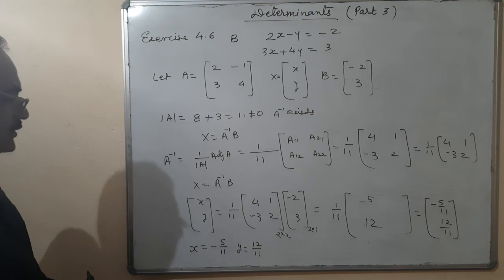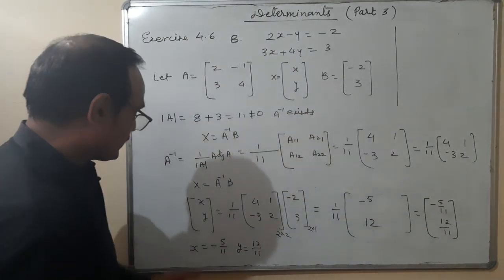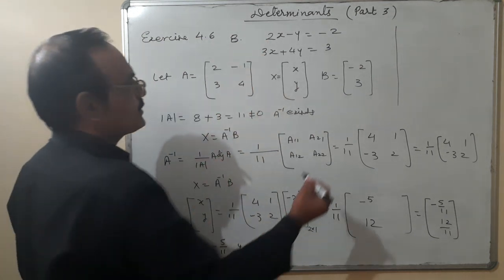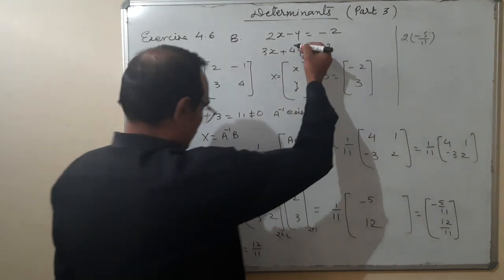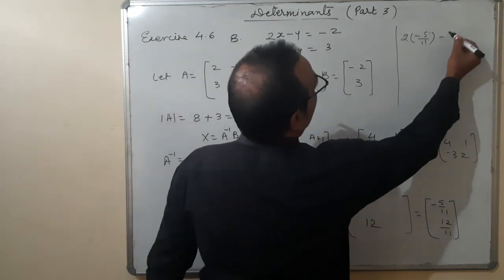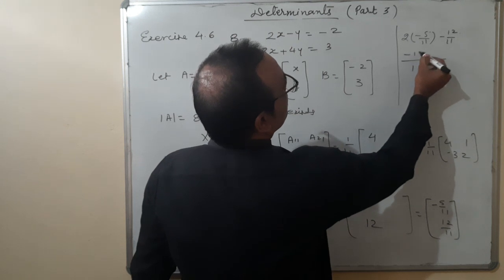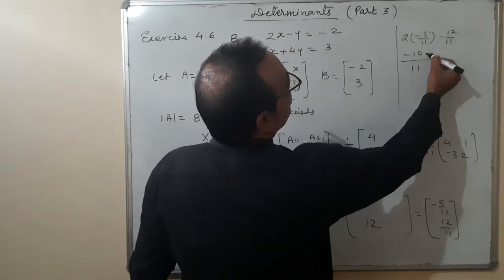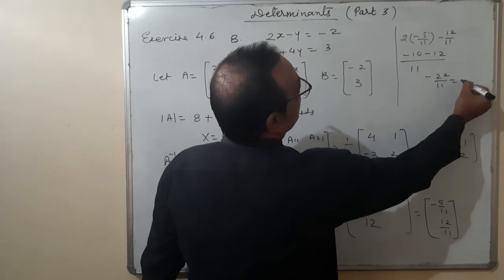So these are the values of x and y. Let us check the solution whether we are correct or incorrect. Minus 5 upon 11 to be substituted here. 2 times minus 5 upon 11 minus 12 upon 11. Okay, so the LCM is 11, minus 10 and minus 12, minus 22 upon 11, that is minus 2.